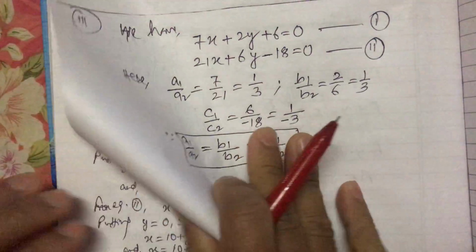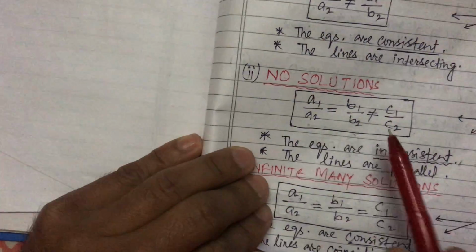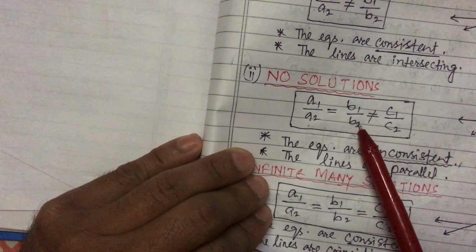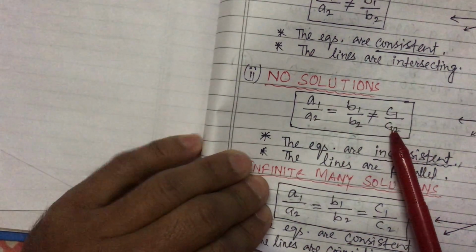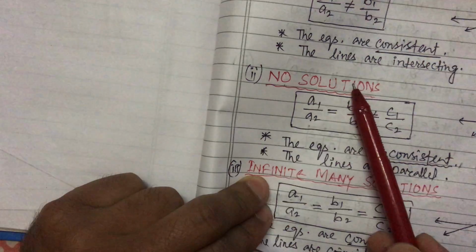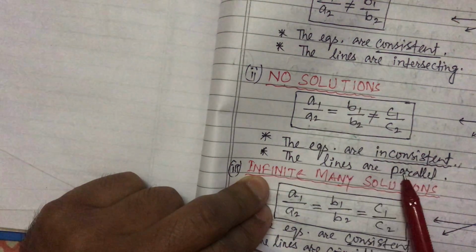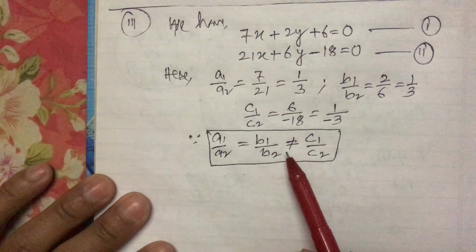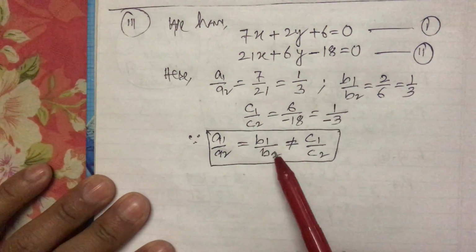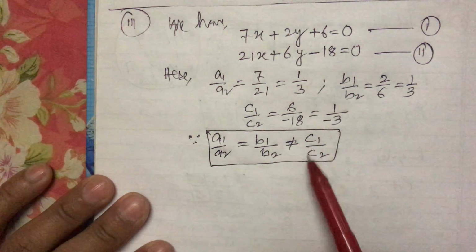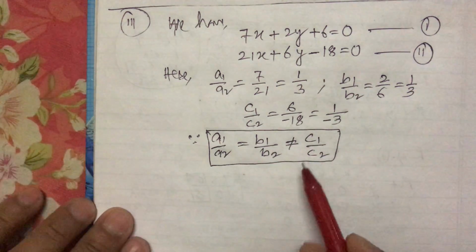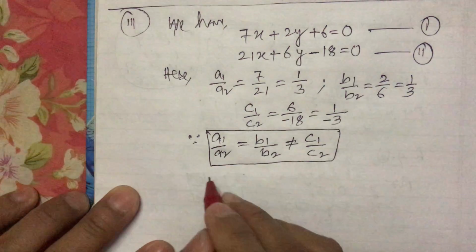So this was the case of, we can see here, a1 by a2, b1 by b2 are equal, but c1 by c2 is not equal. So in such case we call no solution. That means inconsistent and lines are parallel. Okay, lines are parallel. So here what we got in third equation is a1 by a2 equal to b1 by b2, but it's not equal to c1 by c2.